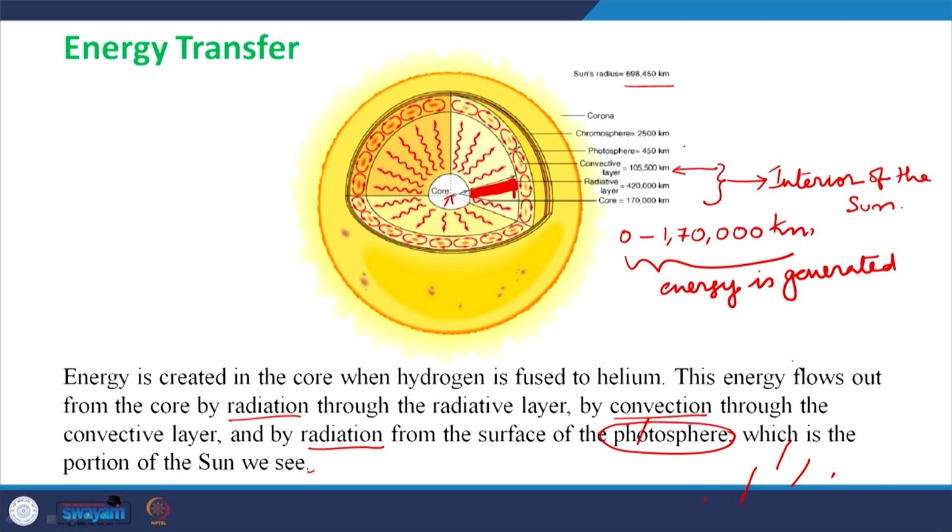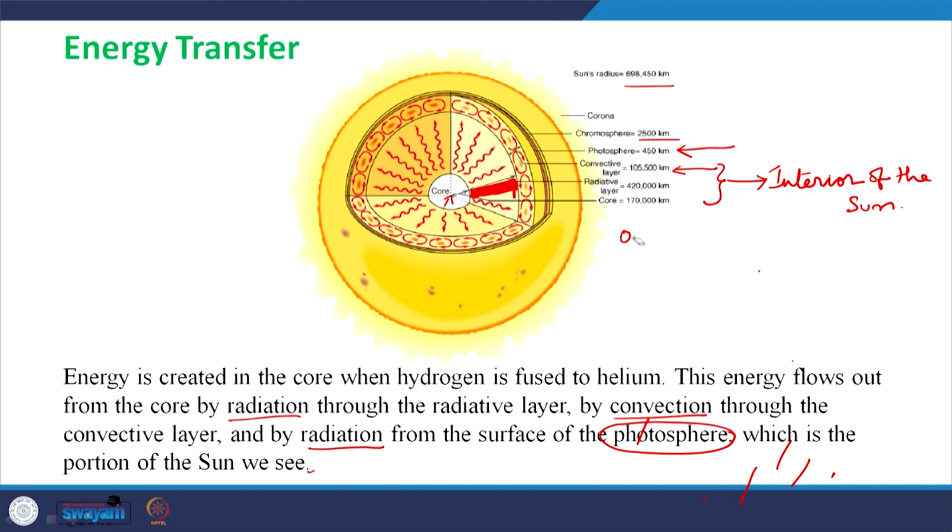The surface of the sun is called the photosphere, which spans nearly 450 kilometers. And above the photosphere, up to a height of 2,500 kilometers, you have the chromosphere, and above the chromosphere you have the corona. So, these are the different layers of the sun, different parts of the sun.